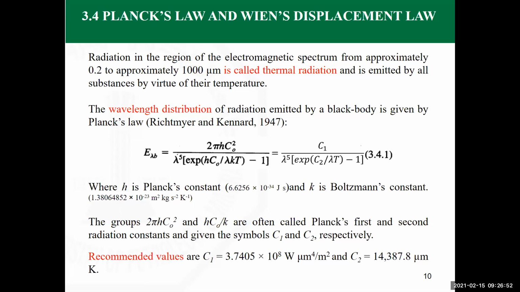The value of 2 pi h c0 squared, because it's all constants, can be given as C1, and h c0 over k is given as C2, where C1 and C2 have the values you have here at the bottom. So the monochromatic emissive power of a black body is a function of basically lambda and temperature; the rest are constants.